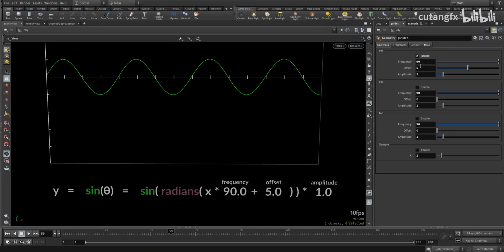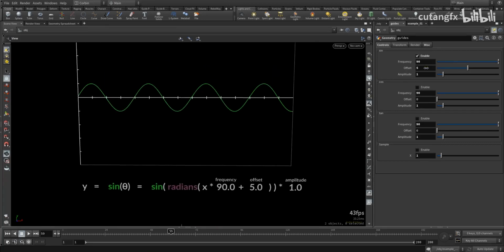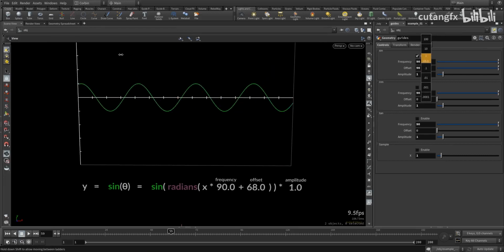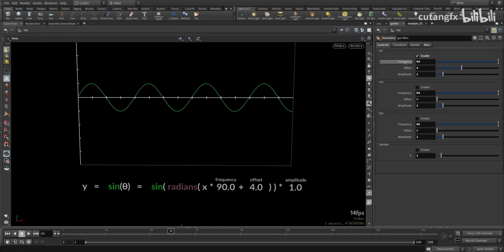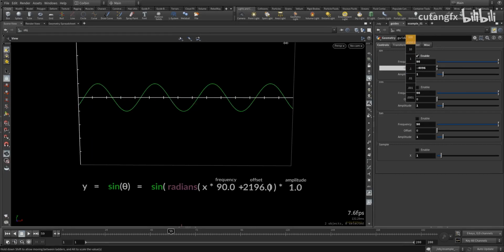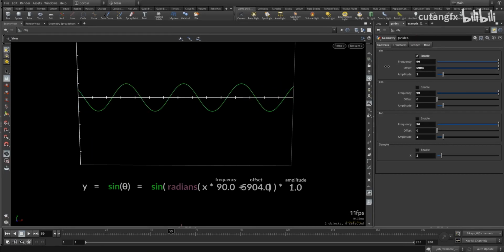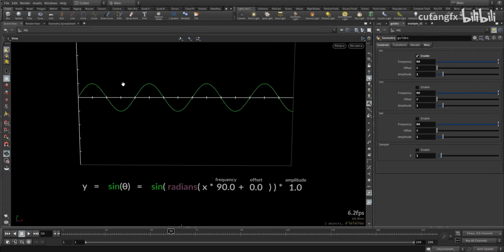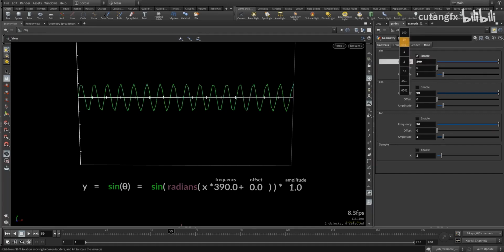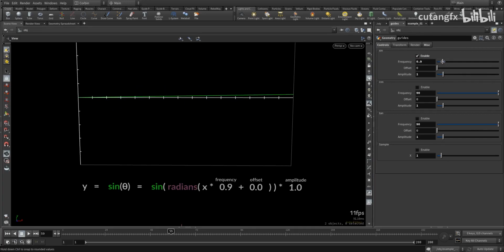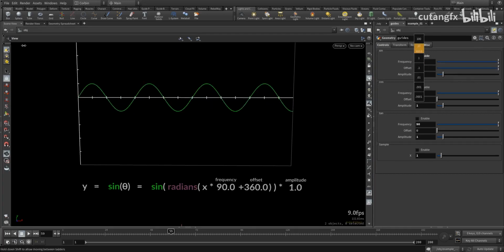If you did it that way, you could manipulate the numbers and eventually get to the exact same graph, which is fine. But then when you want to move the offset backwards and forwards, depending on how high your frequency is, your offset will move either incredibly fast or dismally slow, because whether we're multiplying a really high or really low frequency will determine how strong the offset is, and that's not what we want.